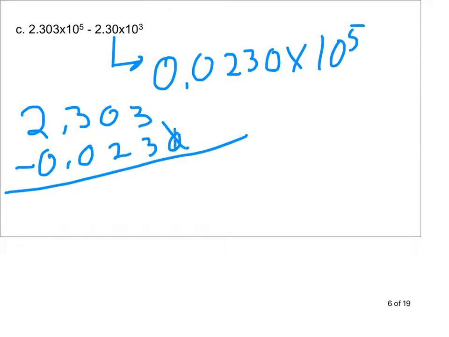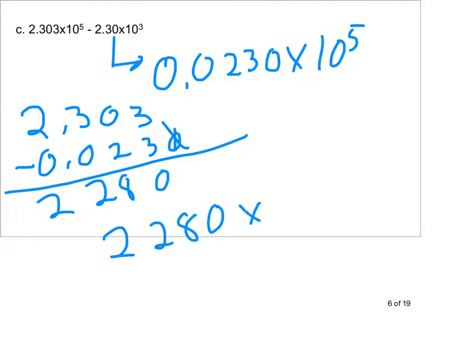Again, just go right there, subtract, get a 0. 30 minus 2, 28. 2.280 times 10 to the 5th power.